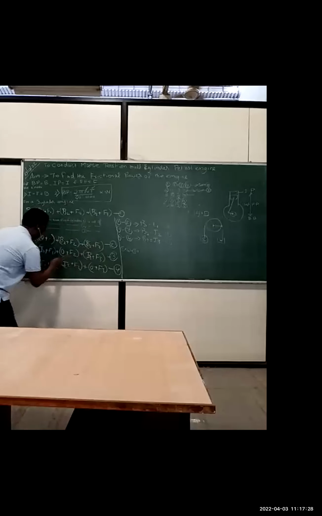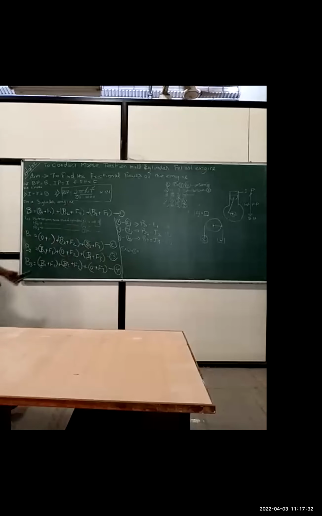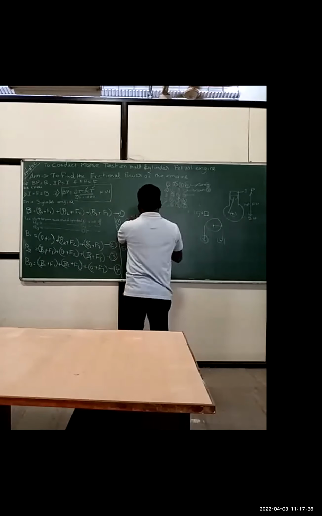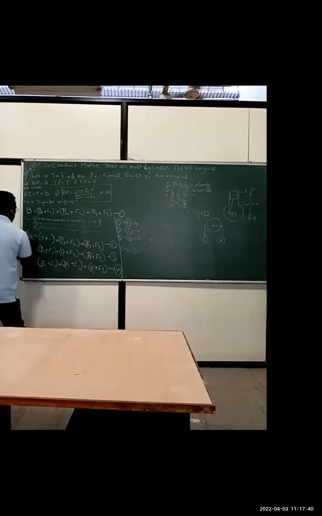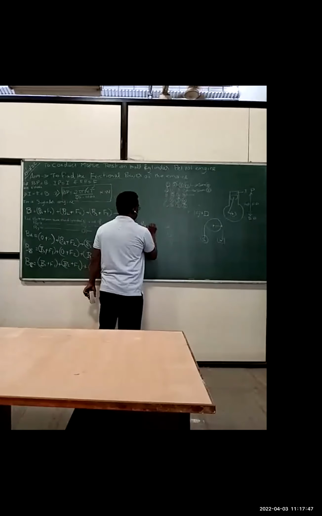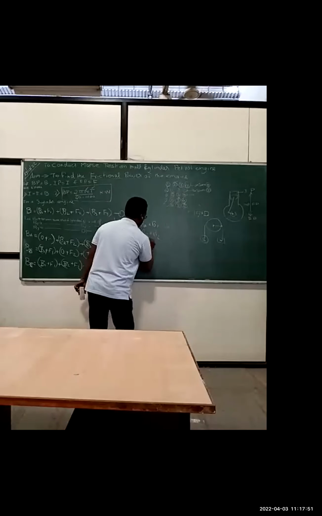B1, B3, B1, B2. If I write these as A, B, C, then BA is equal to B1, BB is equal to B2, and BC is equal to B3.